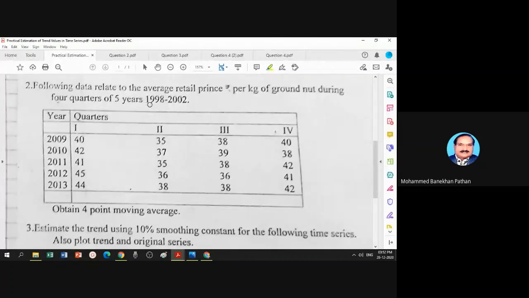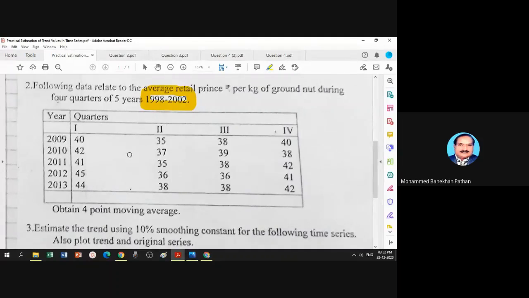The data starts from 2009 to 2013. By mistake, it is written the other way, so you can change it here, 2009 till 2013. These are the prices of groundnut for 4 quarters every year, 2009, 2010 and so on.